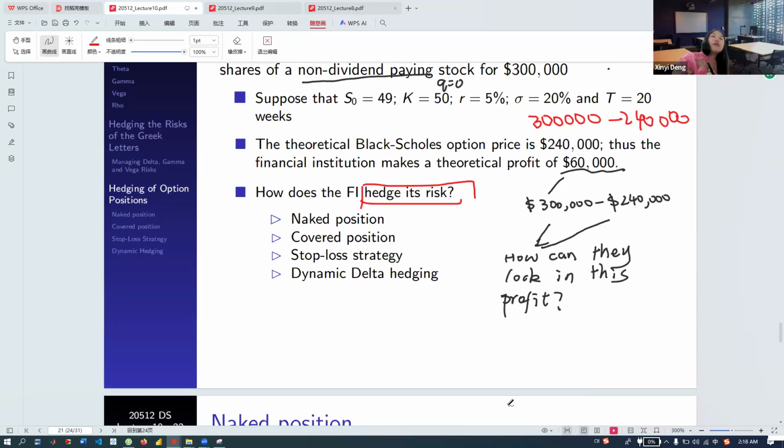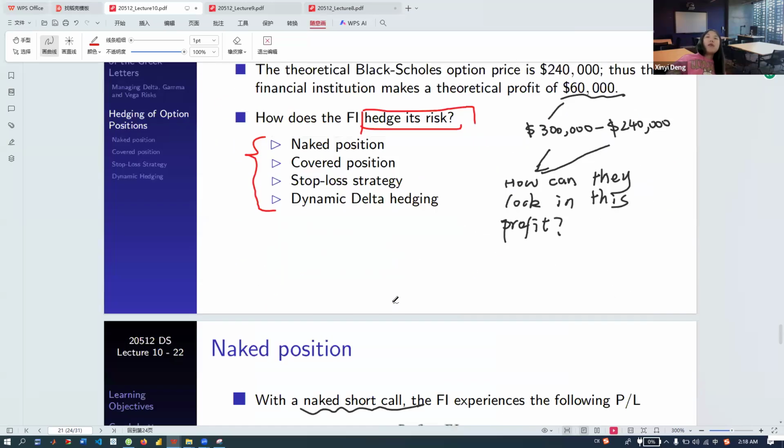So for the following slides, we discussed several alternatives. We may go with a naked position, we may go with a covered position. We can also adopt a stop loss strategy, or we can do dynamic delta hedging. Let me discuss them one by one.